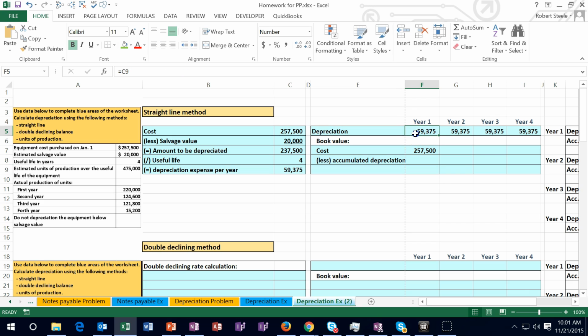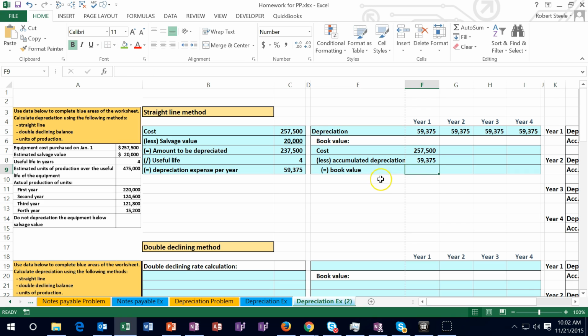The depreciation expense is for one period. The accumulated depreciation is for the whole life. Of course, there's only 1 year as of this point, so the accumulated depreciation is the same. So I'm just going to say it equals that amount, and if we subtract those out, then that will equal the book value.